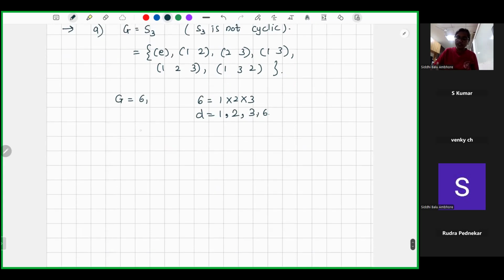So for each divisor D: for D equal to 1, I have the trivial subgroup; for D equal to 2, I can take the subgroup generated by any of the transpositions; and for 3 we can take any of these 3-cycles, or (2 3), it doesn't matter.